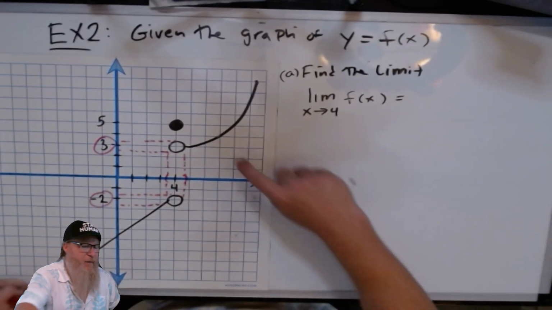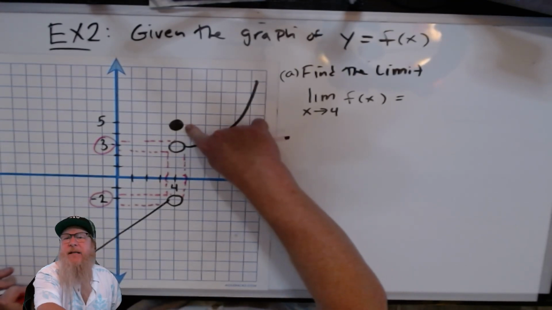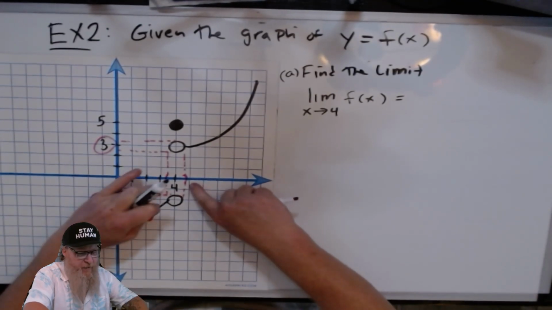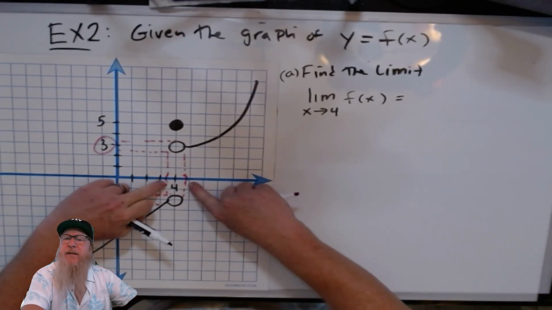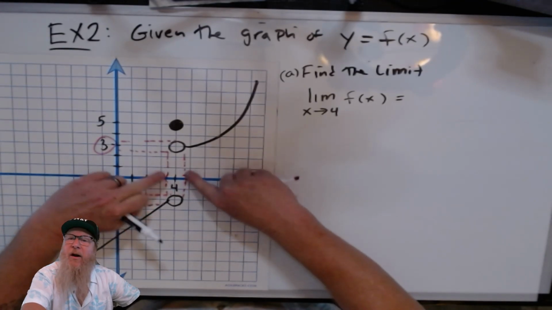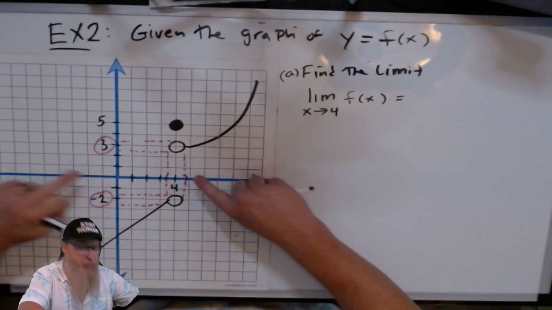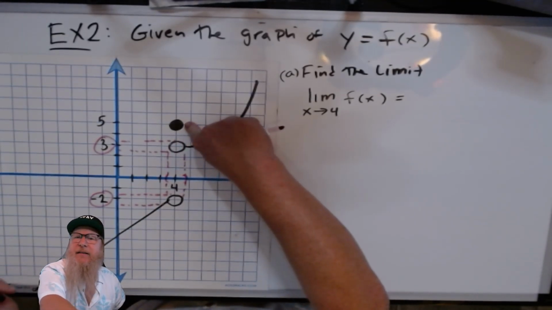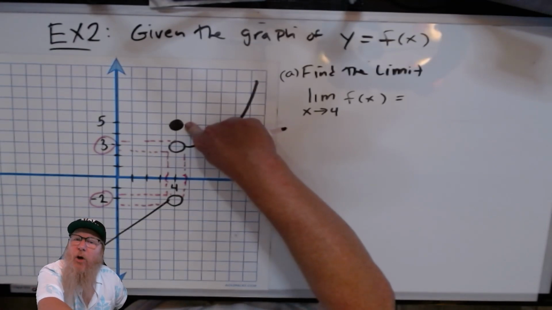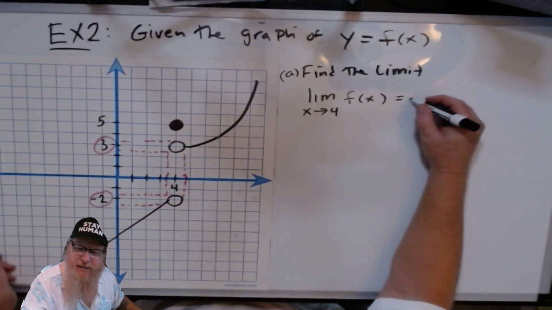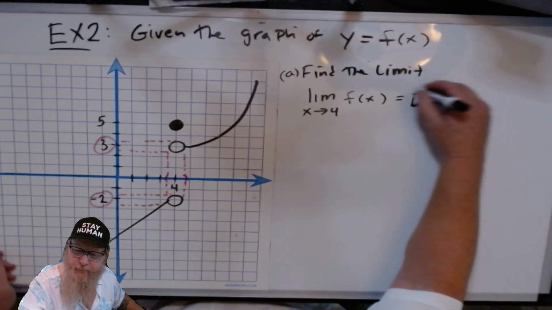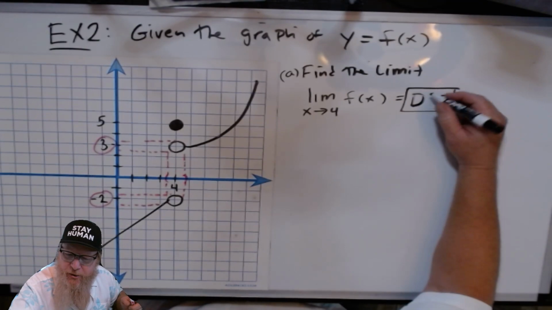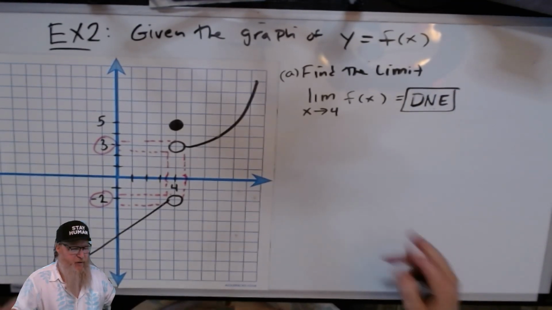Okay, now it's not near 5 because that's the value of the function. That's what it is when it actually is equal to 4, which is sort of intuitively what we mean when we say when we're near 4, the function is either near 3 or it's near -2. When you actually get to 4, then it becomes that dot at 5, or the solid or closed point. So this limit does not exist, DNE, because there is not one real number in which the graph of the function is getting near.